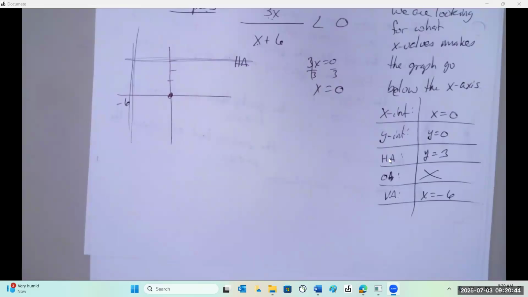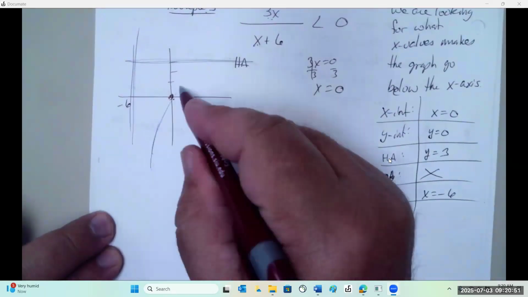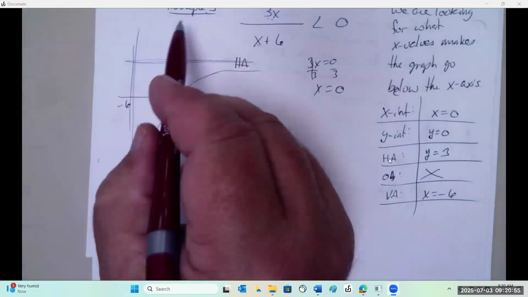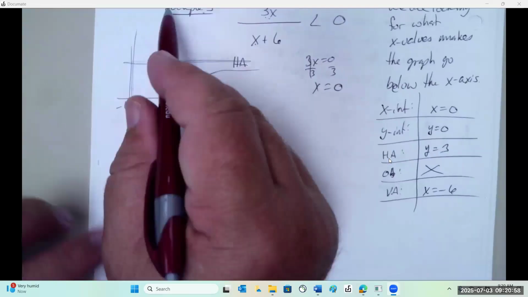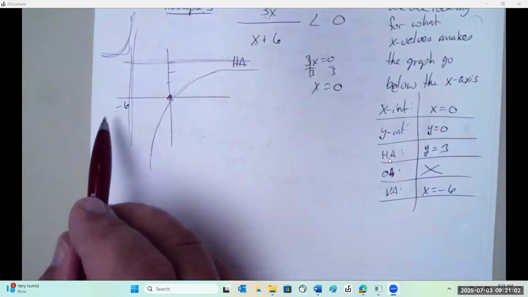So we have this graph. What's it going to look like? Well, since it crosses the x and y axis here, we know that this part has to be here, because there is no other y-intercept. It can't cross up there. And the other part has to be here because there is no other x-intercept.